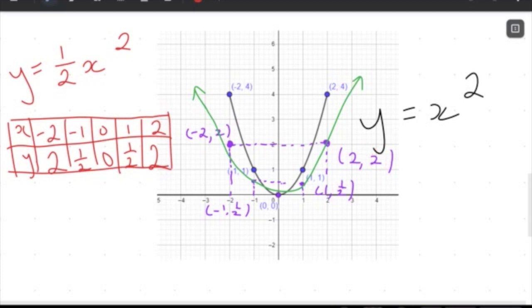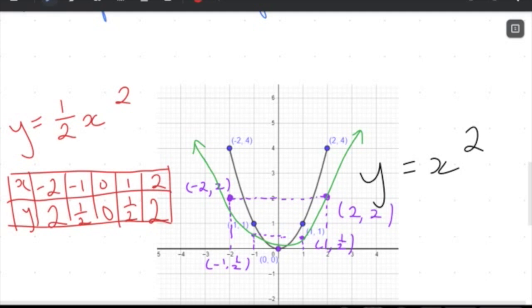So we can see this trend emerging. If we kept drawing further out, we would see that each respective point on my new parabola is going to be half of my original. My y coordinate of my new parabola, my dilated parabola with a coefficient a of half, is always going to be half of the y coordinate of the original.